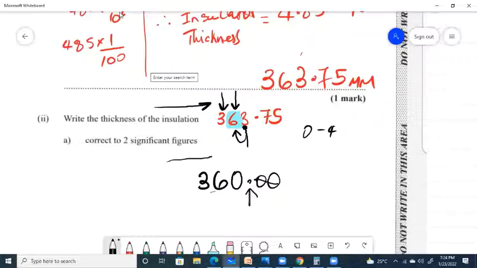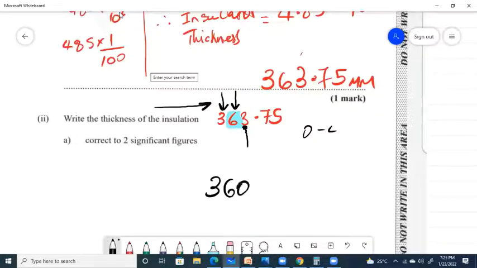For example, this is one significant figure, 2, this is going to be 3, this is going to be 4, 5. You're going to end up with 5 significant figures because a decimal point changes the significance of things. That's just how they set up significant figures, and you have to work with it. All right. So the answer would be 360, two significant figures.